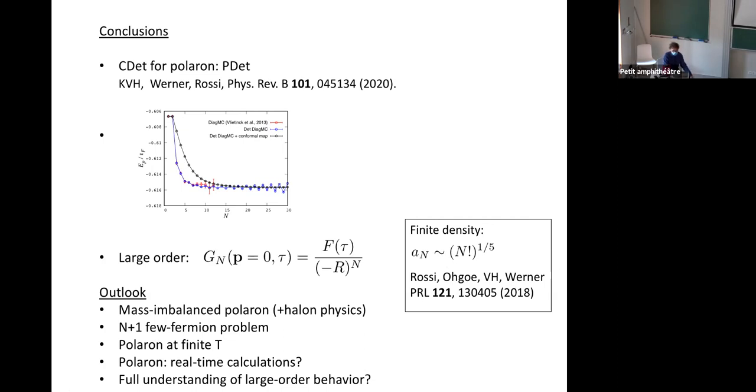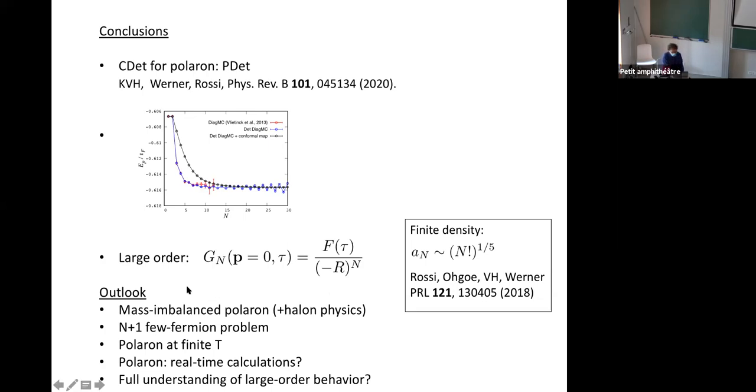So there we showed that the sum of all diagrams diverges as n factorial to the power 1 over 5. The situation is just very different in the many-body case compared to the case of having just a single impurity.